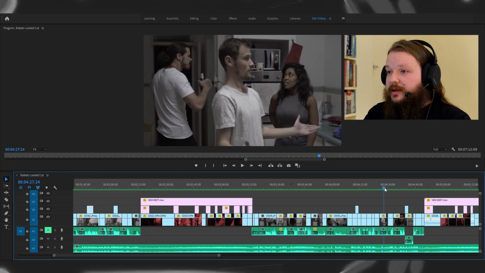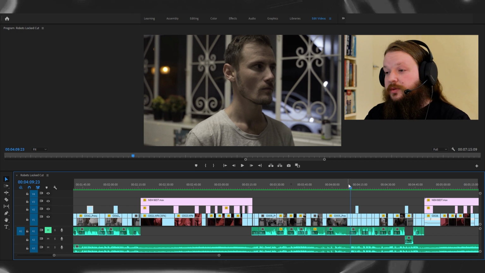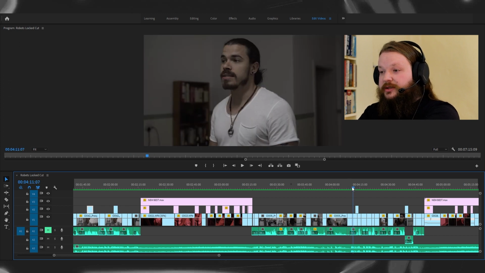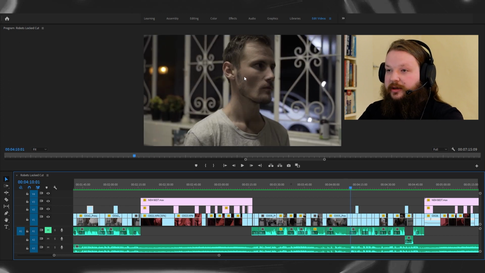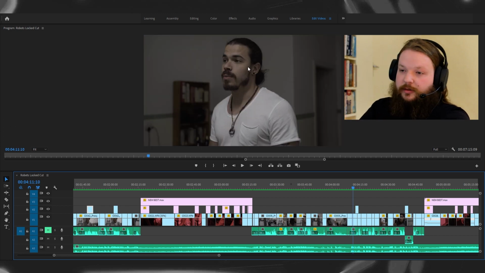And what became interesting is the 180-degree rule, which is the rule that says that in terms of screen direction, if you're going to have a shot and then a reaction shot, the character should be looking left to right, and then in the next shot they should be looking right to left.